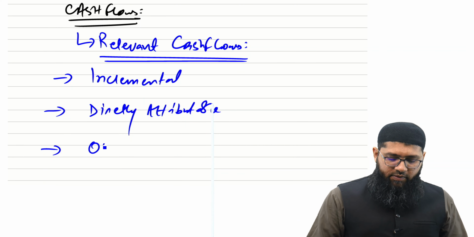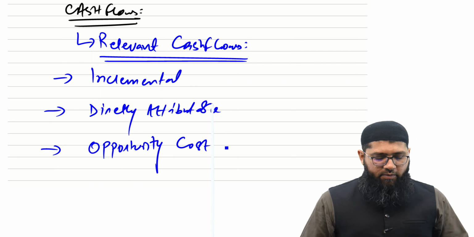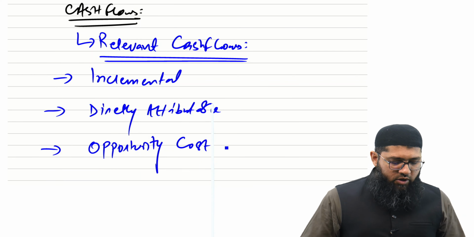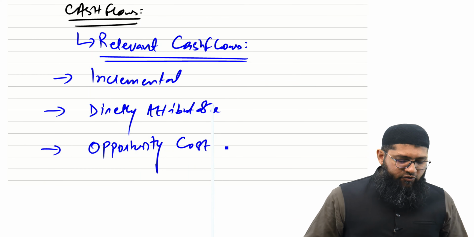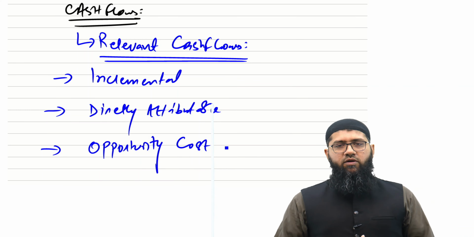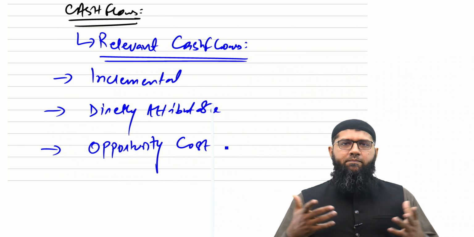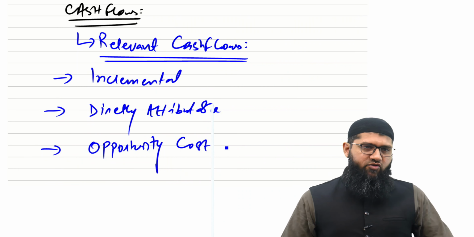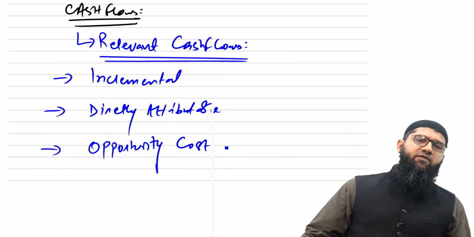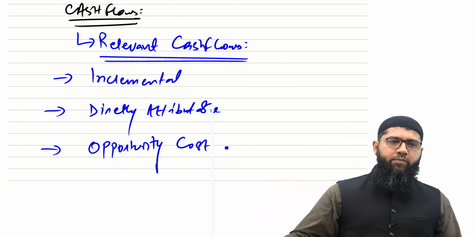The third one of them is called the opportunity cost. The opportunity cost is going to be considered as the benefit lost because of undertaking a decision. For example, you have a premises which you own, but you have rented it out to a third party.